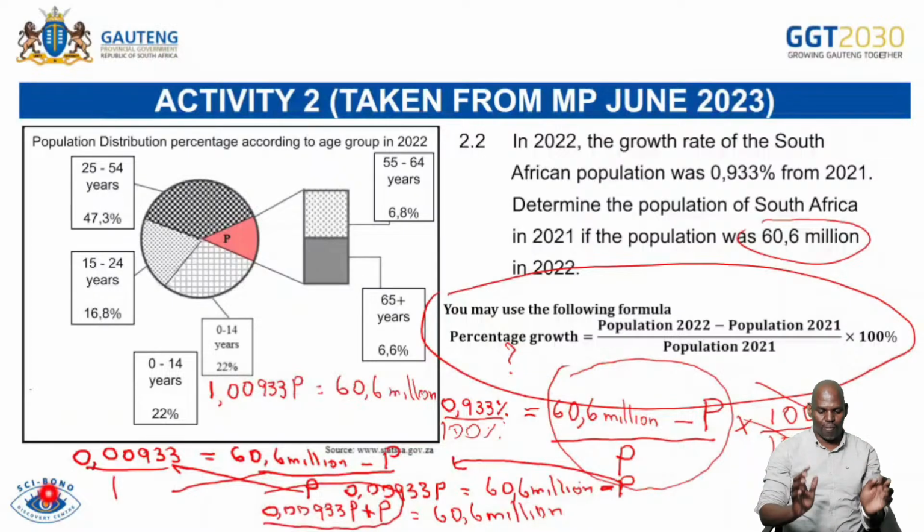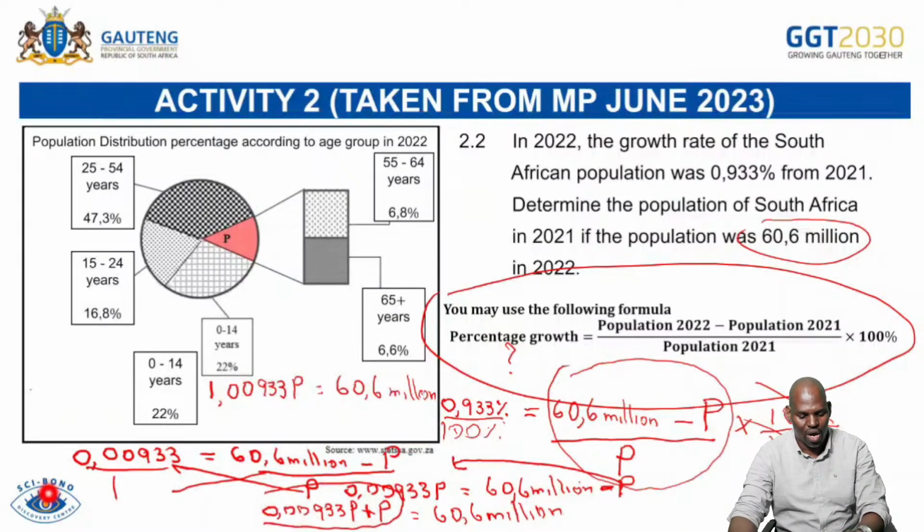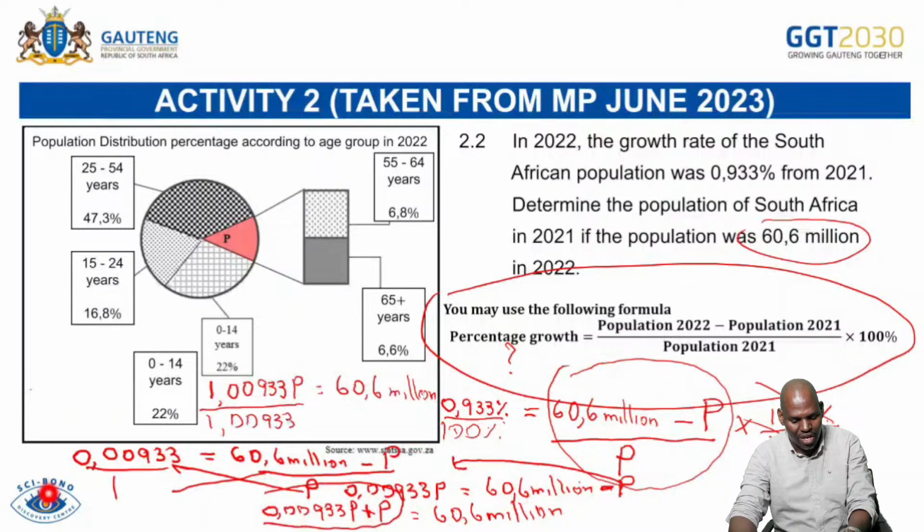I'm sorry about the mess there. 1.00933 P equals 60.6 million. Now I have to find the value of P, so I divide by 1.00933.